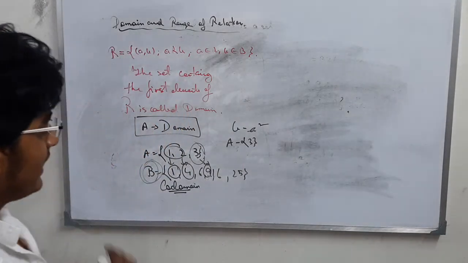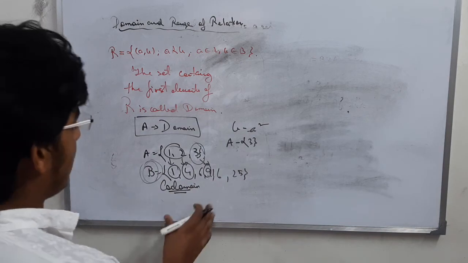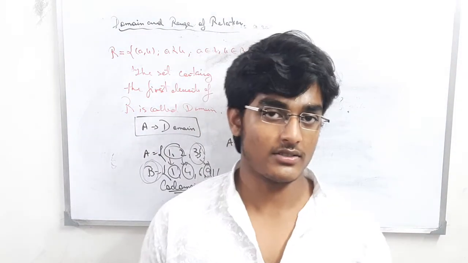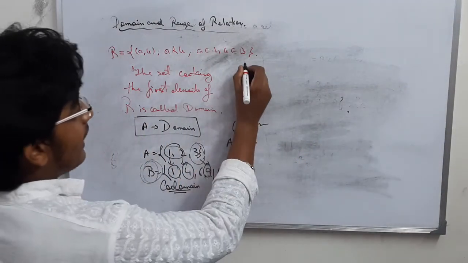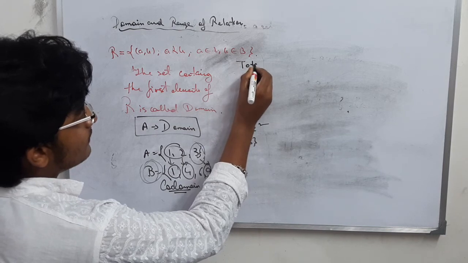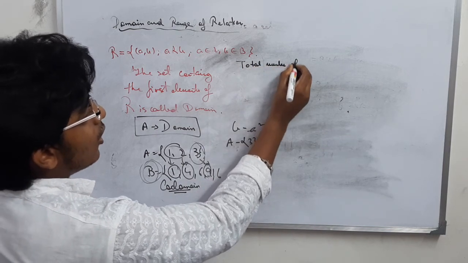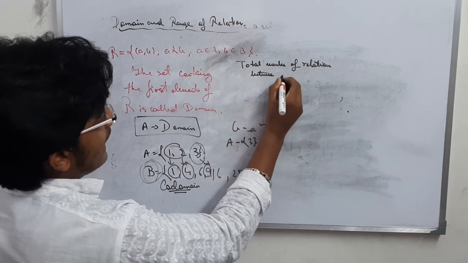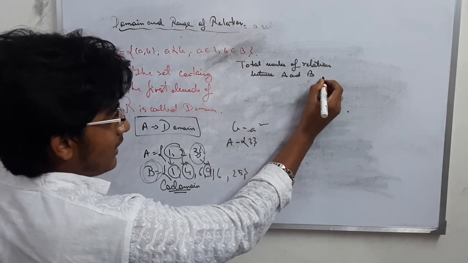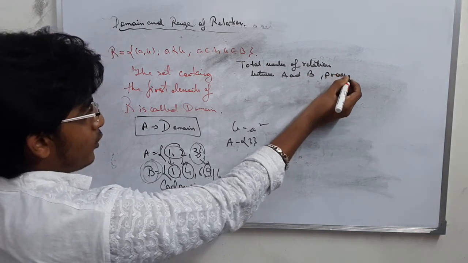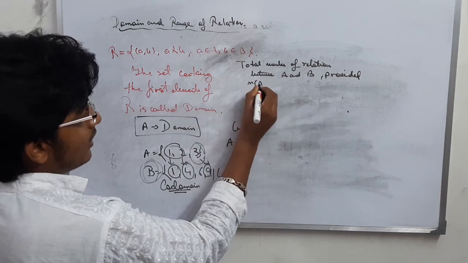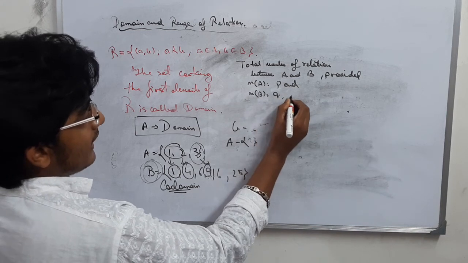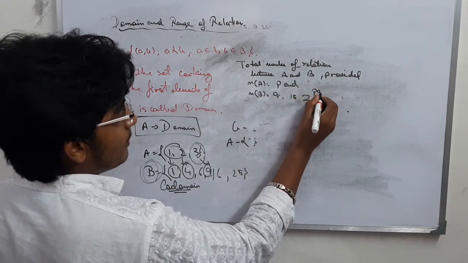Okay. One more thing, that is basically a property of relation. In the next class, we will be discussing the types of relation, and then we will be moving on to the introduction to functions. One more thing: the total number of relations between A and B, provided the cardinality of A is P and the cardinality of B is Q, is 2 to the power PQ.